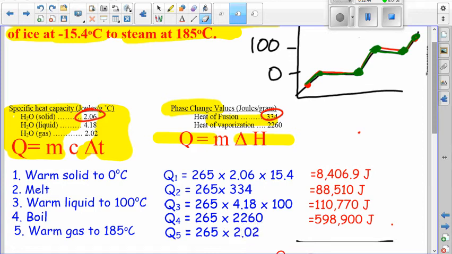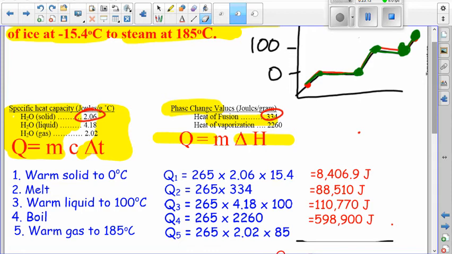And what is the change in temperature for this section only? We end at 185. What's the delta T? This section is from here to here. What temperature did we start at down here? 100. What temperature did we end at? So what's the delta T of this section? 85. Correctamundo.